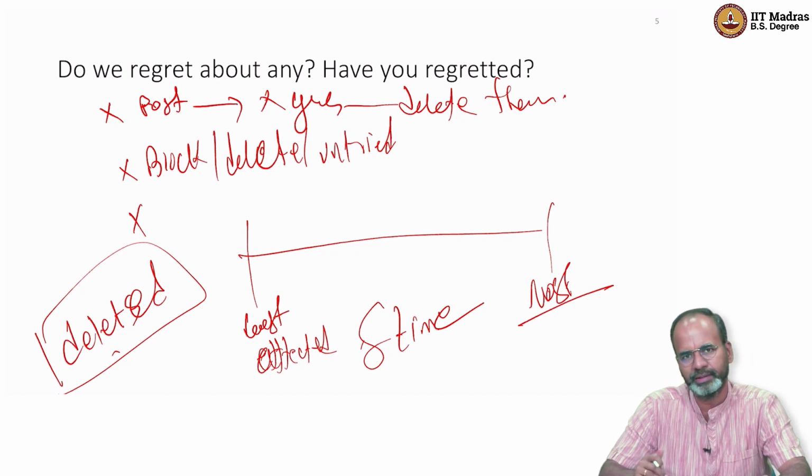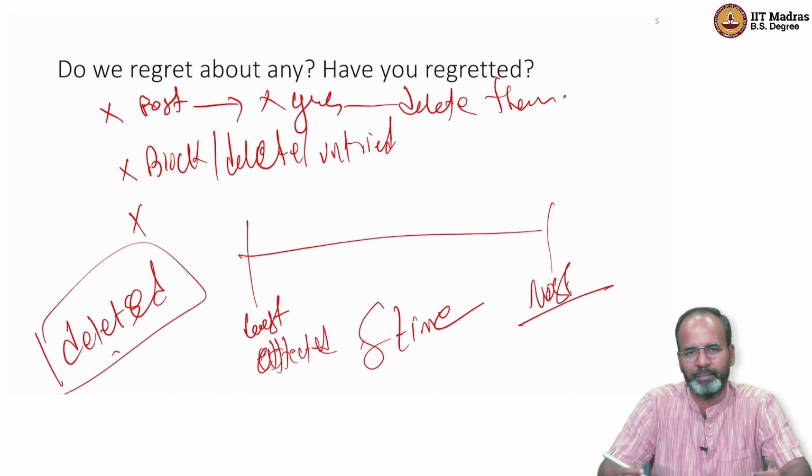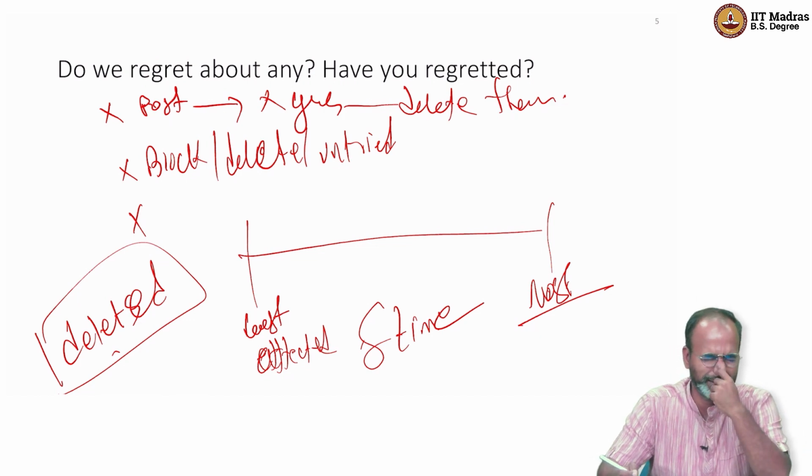I have deleted some posts because I made mistakes in tagging people. I missed putting some hashtags, or I wanted to add something more to the text. I missed thanking somebody. These kinds of posts I've actually deleted and posted again.